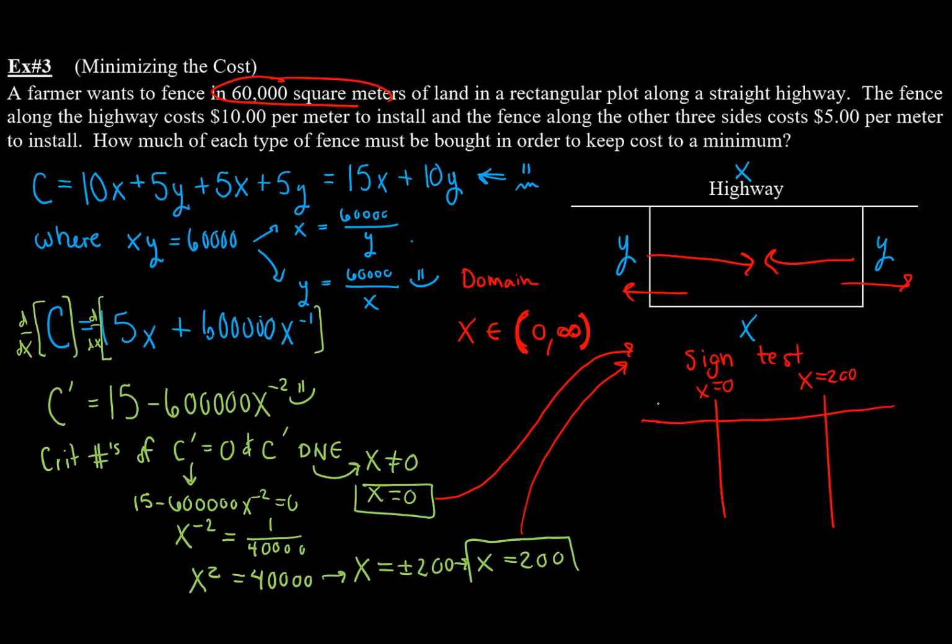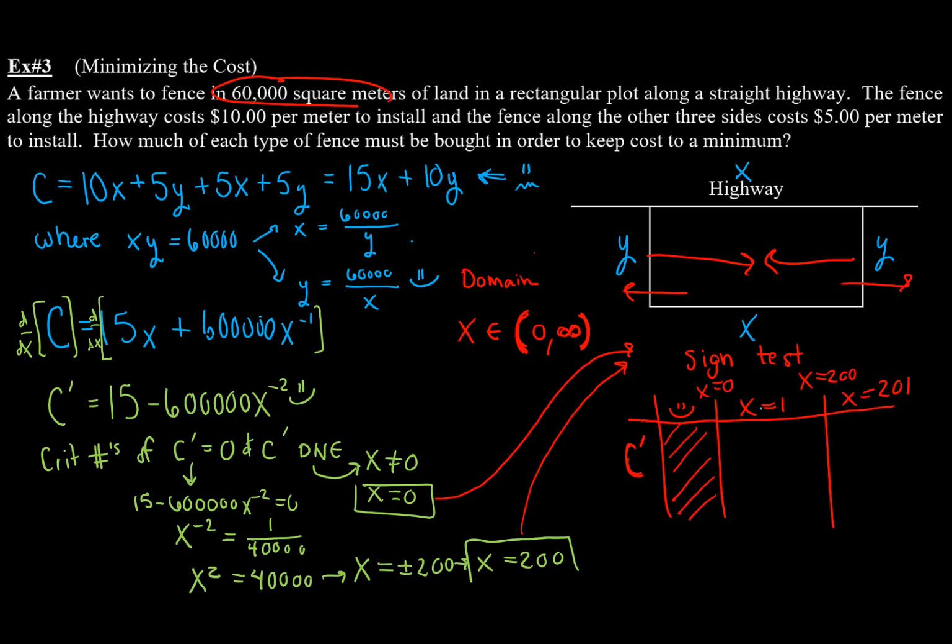And I'm going to plug values into my c prime. Smaller than 0 is outside the domain, so I don't have to plug that in. In between 0 and 200, I'm just going to pick a basic number like 1. And greater than 200, I'm going to pick 201. It doesn't matter. You have infinitely many numbers you can pick.